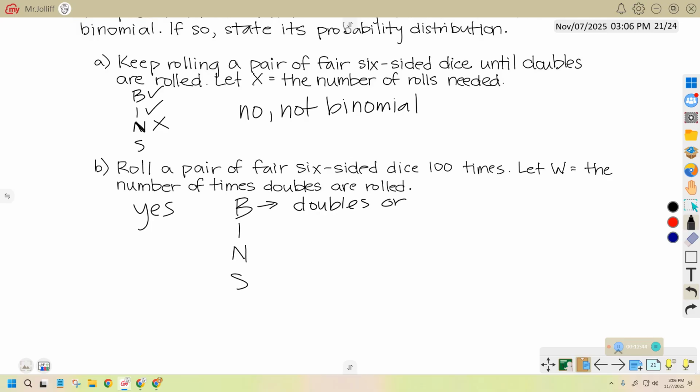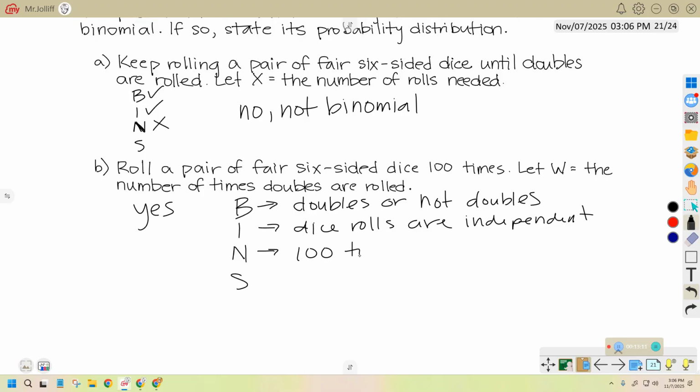What's my other outcome? I got doubles or didn't get doubles. Yeah. That's binary. Doubles and not doubles. Perfect. Dice rolls are independent. Fixed number of trials. How many trials are we doing? Perfect. 100 trials. We know that. Same probability.